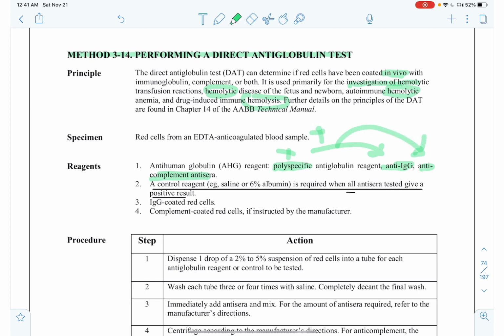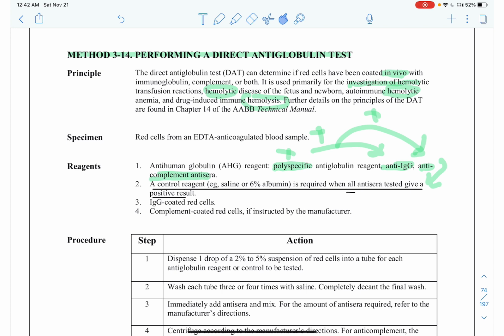If all 3 of these are positive, then we'll include a control to ensure the validity of the test. If all 4 are positive, we then have to denote that the test is invalid and investigate why it is invalid, and then resolve the interference and perform the DAT so we get a clear result.